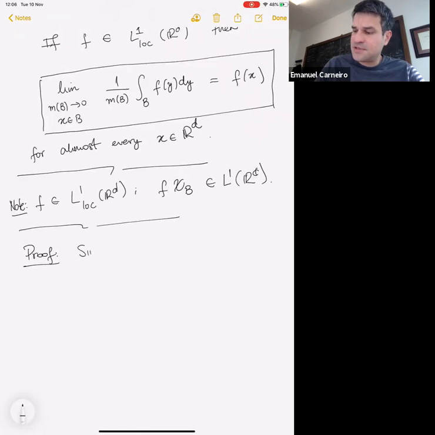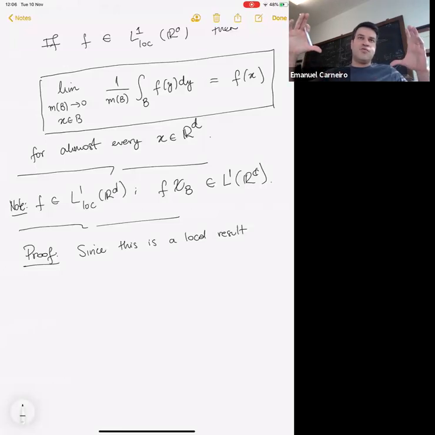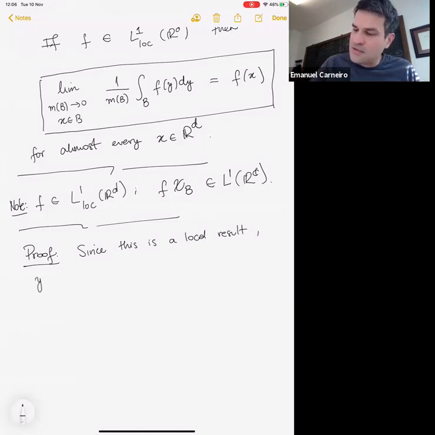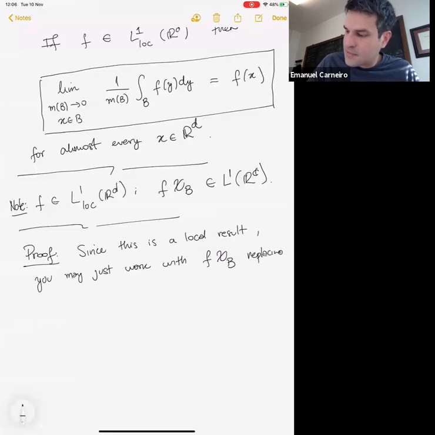Okay, so since this is a local result, I mean, you're fixing a point and you want to know the averages over balls shrinking, right? So you may just work with f times the characteristic function of a big ball, replacing f.